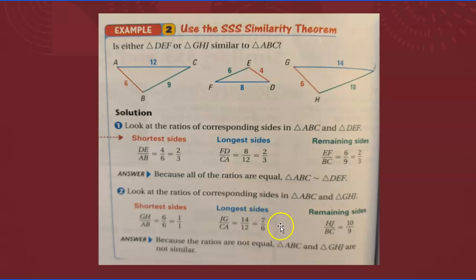So 14 over 12, well, that comes out to 7 over 6. I'm on a bad path at the moment. And then my remaining sides are going to be 10 over 9, the two in-betweens. And that will not reduce any. So because I have 3 different proportions, 1 to 1, 7 to 6, 10 to 9, they cannot be similar. So I have to leave that alone and I have to say no to the similarity.